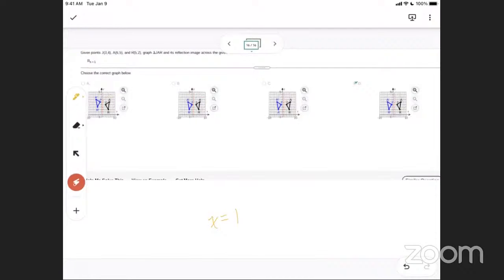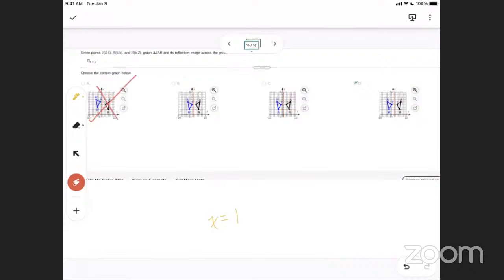X equals 1 is, do you see how it actually drew in that red line correctly? See how that's your vertical line? You just have to look at it and make sure that these distances are all the same. If it's a reflection, you want the distances to be the same. This distance and that distance. Right. This distance here and that distance there.